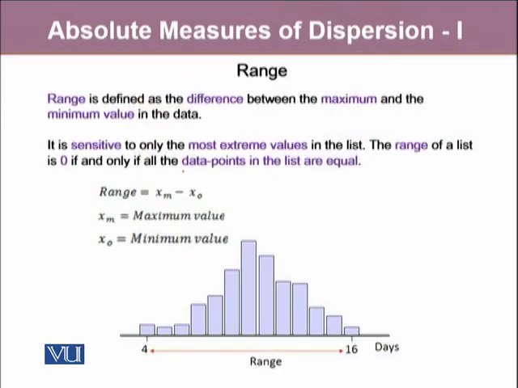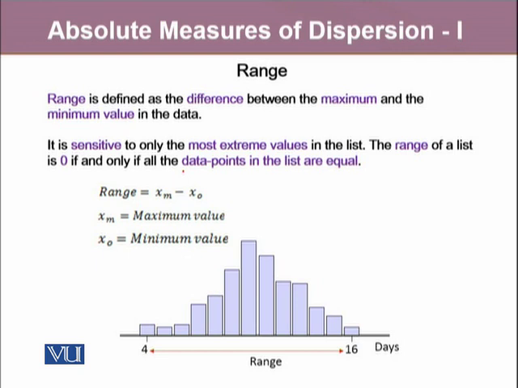Let's talk about the first measure of dispersion, which is range, which is defined as the difference between the maximum and the minimum value in the data. Range is very sensitive to only the most extreme values in the list. Range of a list is 0 if and only if all the data points are at the same point, they're all equal.